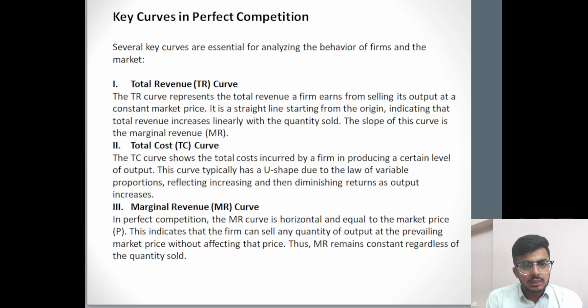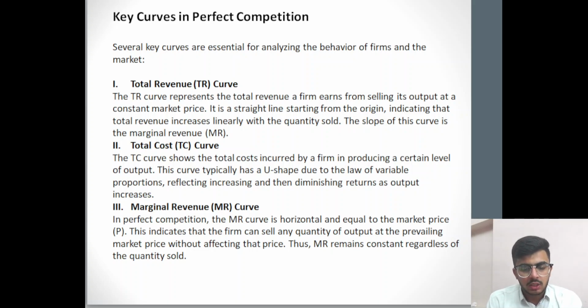So, key curves in perfect competition. There are some key curves which are used to show the diagrams. Total revenue, also known as the TR curve, is a linear curve. Slope represents marginal revenue.